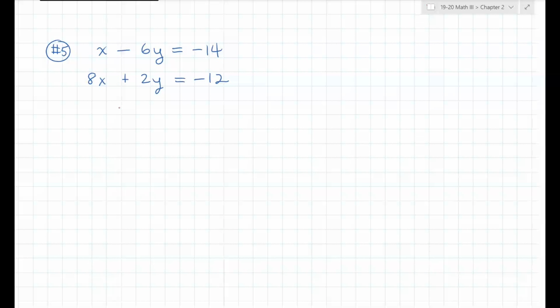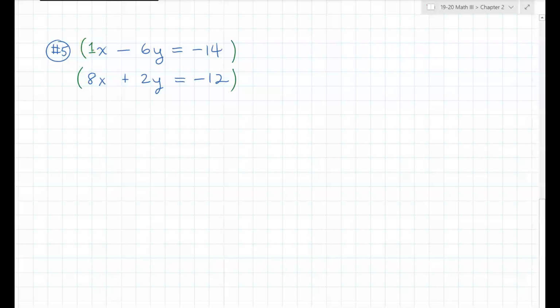There's an easier answer to it. But you pick a letter, any letter you want to get rid of. Let's just go with x. Okay? I want to get rid of x. So what I'm going to do is I'm going to multiply the whole equation, the top equation and the bottom equation, by the corresponding coefficient, meaning there's a 1 here, right?